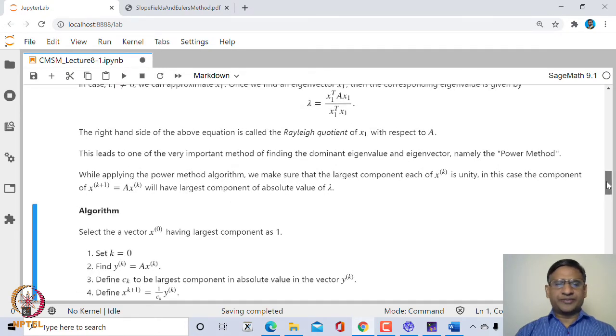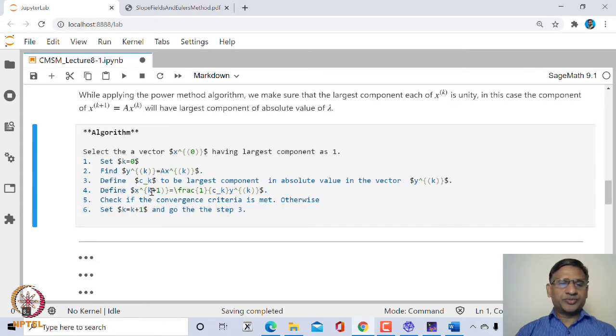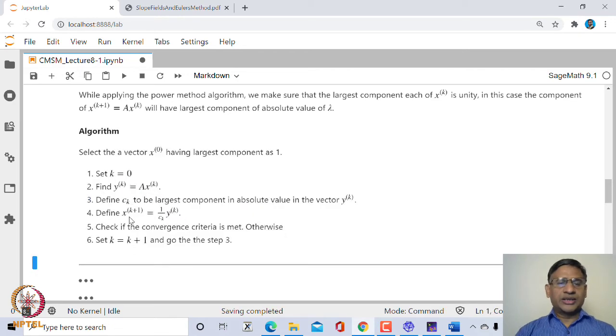The algorithm is as follows. Start with a non-zero vector x0 having the largest component as 1. So if the largest component is 1, this will be non-zero. Set k equal to 0, that is the 0th iterate, and define the vector yk as A xk, and then take ck to be the largest component of this yk in absolute value, and then define xk plus 1 equal to 1 upon ck into yk.